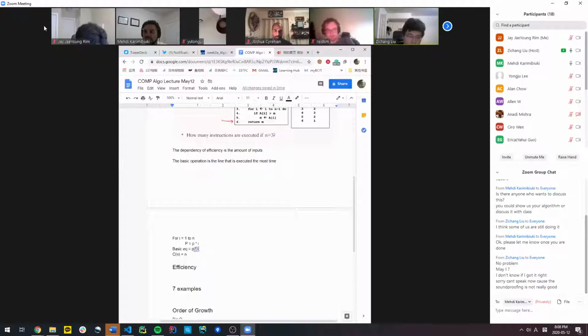So the basic operation will be the product times i, and because you need to go through every element, the count will be n. If you put that in the sigma notation, it's going to be sigma i equals 1 to n, and then we have n minus 1 plus 1 times 1, and that's going to give us n. Yeah, that will be n.